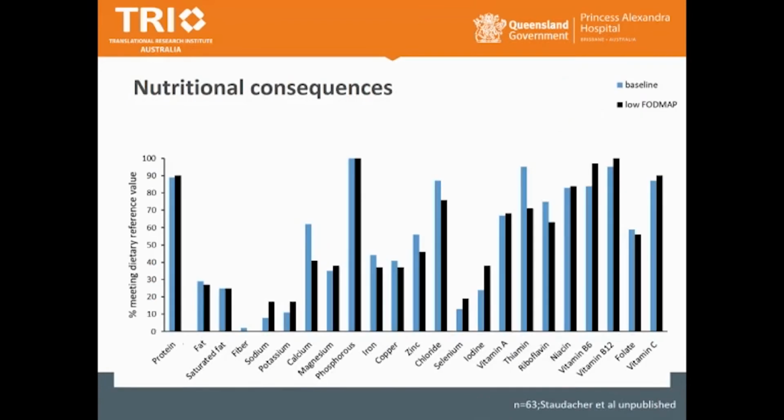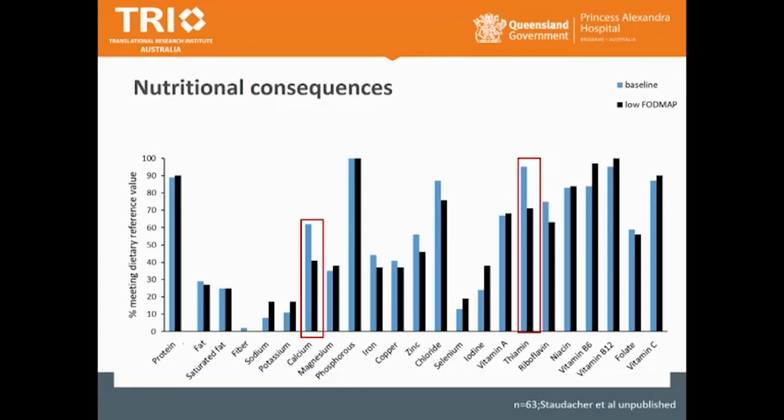This was a small study, so what we've done is combine the results from 2 trials, and this is just presenting data in a slightly different way. This is the proportion of patients that are meeting their nutrient recommendations. So you can see, for example, for protein, many people were able to meet their recommendations at baseline and then at 4 weeks after, whilst following the low FODMAP diet. Overall, you can see there's not really many differences between baseline and low FODMAP. I'd say overall there's quite a few people that at any time point aren't really meeting their requirements, but it's probably going to be a fairly similar picture in the healthy population.